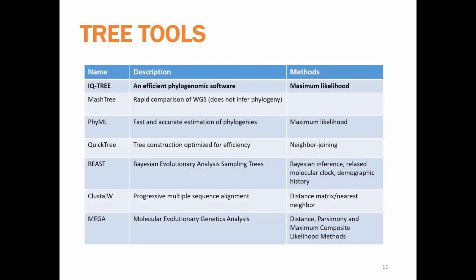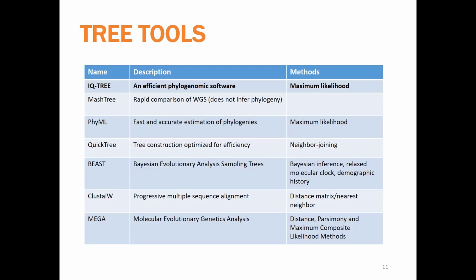Today, we're going to be using IQ-Tree. It's very efficient phylogenetic software that builds maximum likelihood trees. Another tree building software I've used in the past is MashTree. While this doesn't infer phylogeny, it creates really fast comparisons between whole genome sequences, and you don't need to create a multiple sequence alignment first.